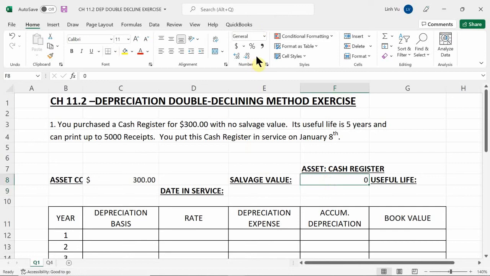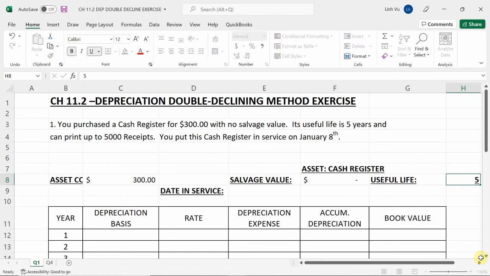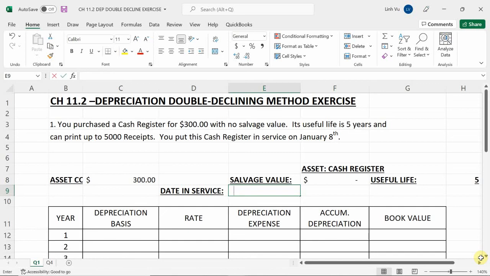And what's my estimated useful life? 5 years. And when's the date that I placed into service? January 8th. So am I going to depreciate January or February? January. You have to depreciate in January.